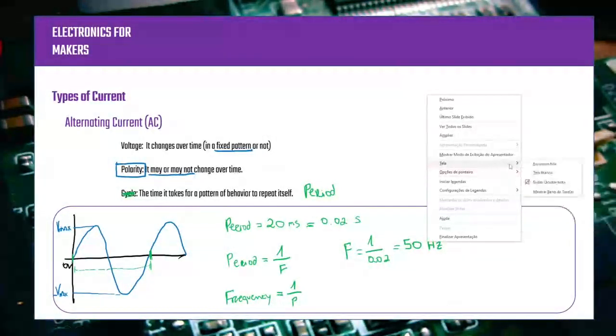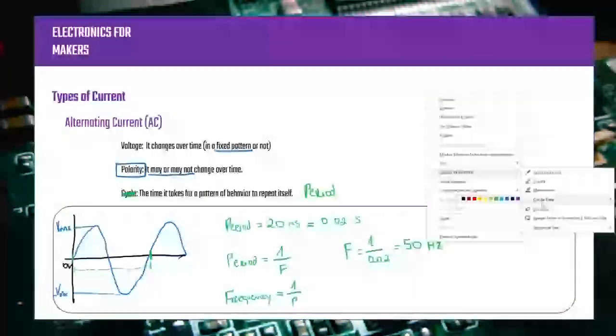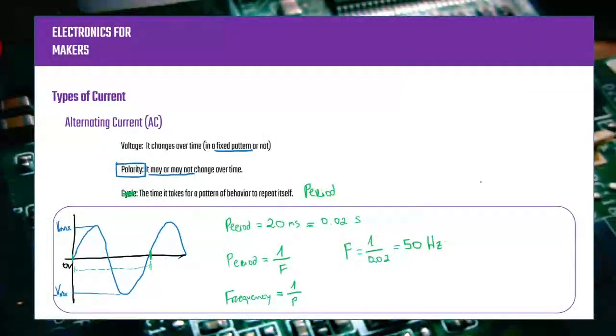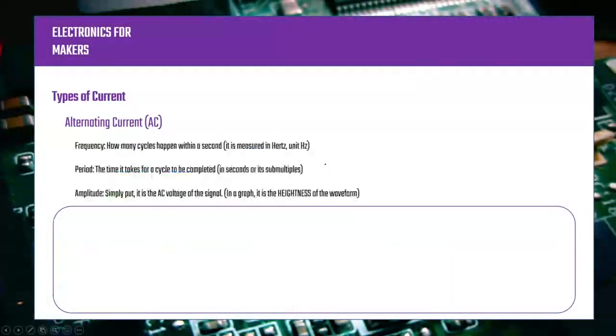But still, all we are analyzing is the behavior of the current, of the flow of electrons. Physically nothing changes. Physically it's still the same thing. There is no different current. There's a different behavior for the current.